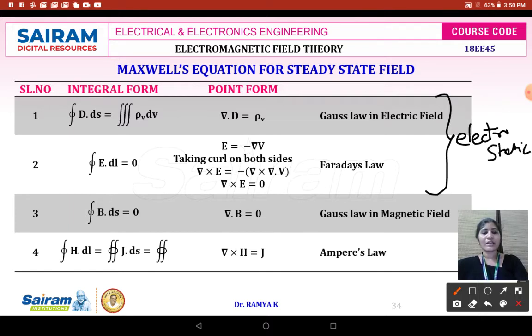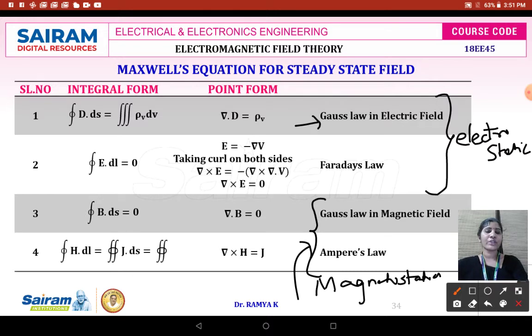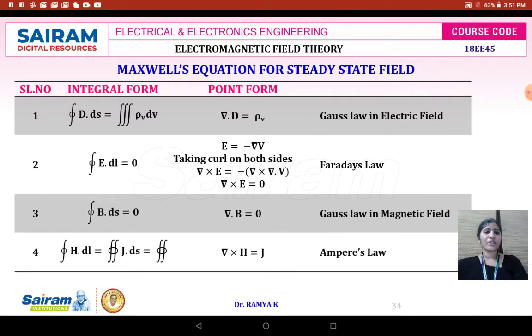The third equation and fourth equation are the Maxwell's first equation and second equation in magnetostatics. Here in electrostatics, the first equation focuses on Gauss's law in electric field, and the second equation focuses on Faraday's law in electric field. Similarly, the third equation is Gauss's law in magnetic field and the fourth is Ampere's law in magnetic field.